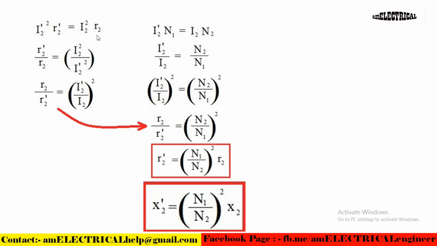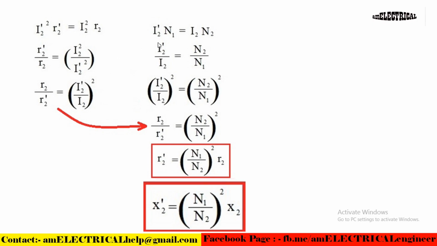It's simple, I square R is constant. From this formula it is coming. So here R2 dash divided by R2 will be equal to I2 square divided by I2 dash square. If we reverse it, it will look like R2 divided by R2 dash, which will be equal to I2 dash divided by I2 whole square. We have just reversed it.